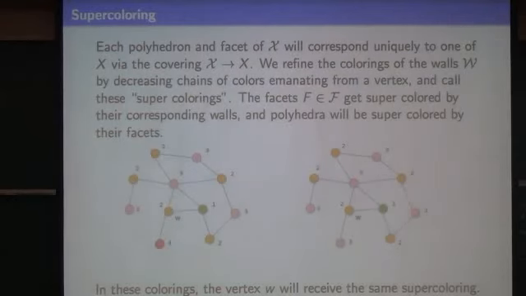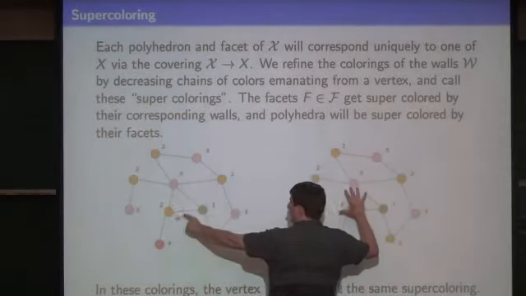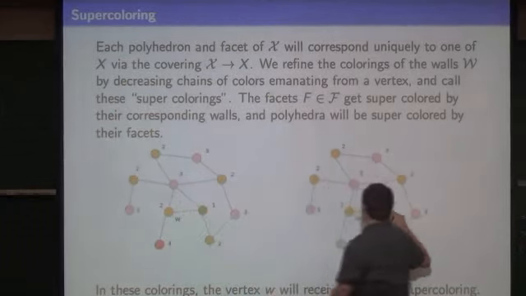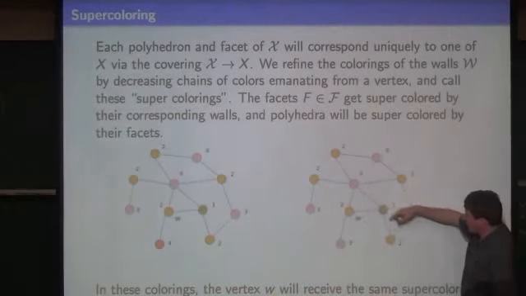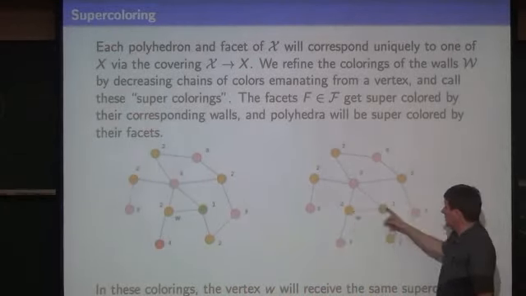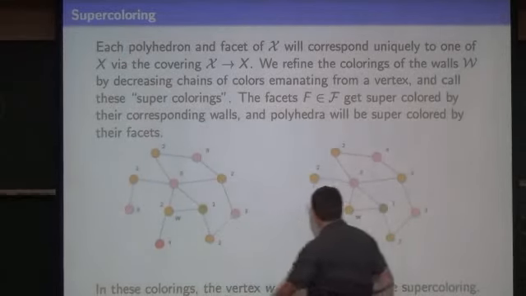So I'm going to refine the colorings of the walls now, where I look at decreasing chains of colors emanating from a vertex. So if I have a vertex here, and two different colorings, then I say that these guys are the same color if all the smaller chains of colors coming out of that are the same. So here they're the same. All the smaller chains are 1 here. There's a 1 here. This adjacent guy is different on this.